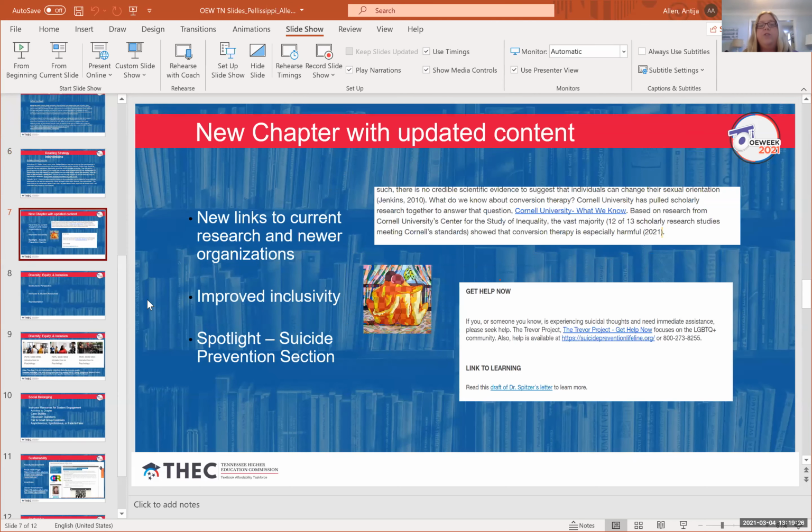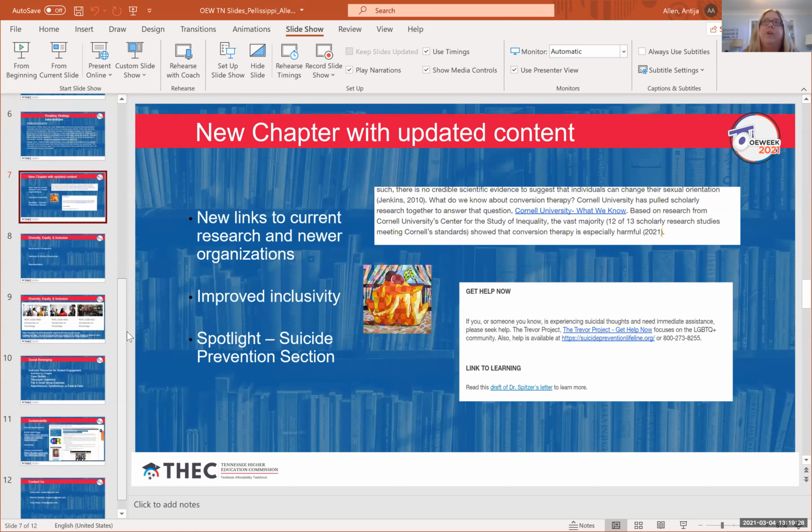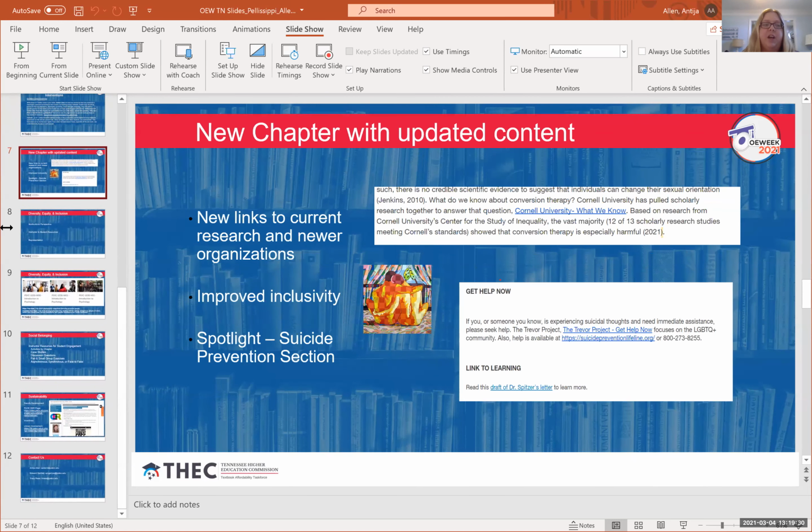And then when we were looking at the OER for psychology, the gender and sexuality content was buried in another chapter, and we weren't really happy with that. It was very outdated, and we thought this is an opportunity to really make a difference and update this information. It's a topic that students are hungry to learn about.